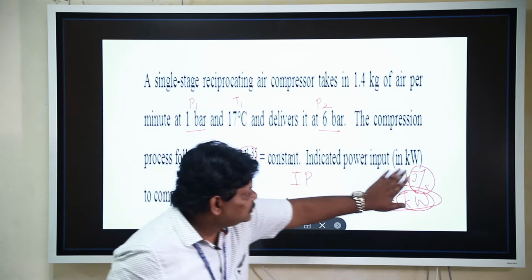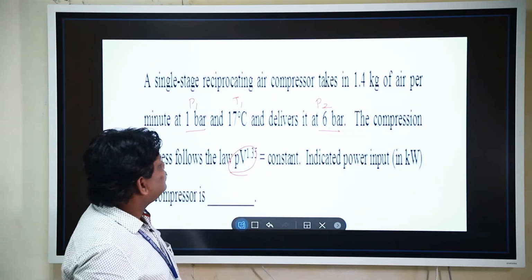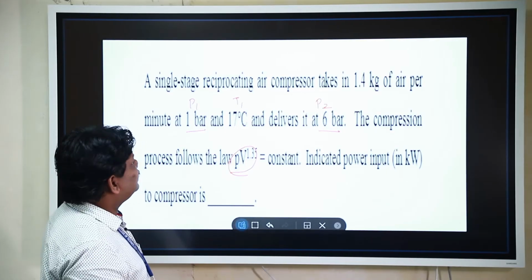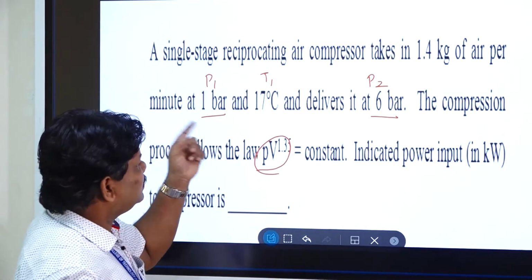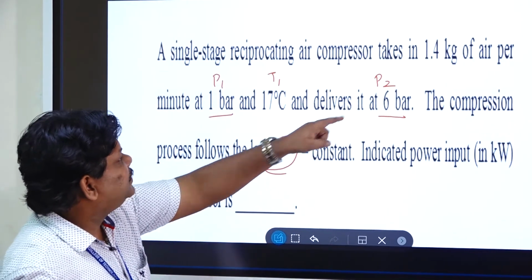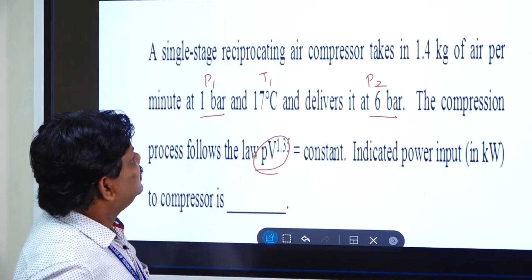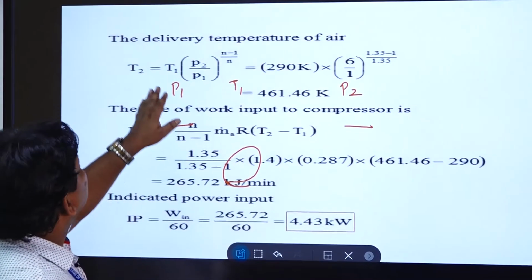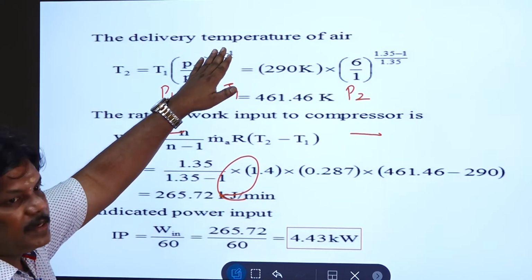Now, what are the things given to you? You have to find the value of indicated power, and we know the formula for indicated power, so based on this you arrive at the equation. We know the values of P2 and P1, but we don't know the value of T2. So you use the PVT relation: T2 is equal to T1 into (P2 by P1) whole power (n minus 1) by n.